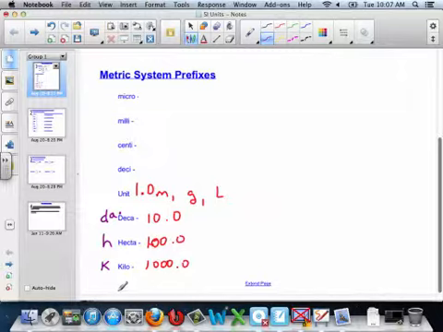So we're going to start off here with the small one, the unit. Anytime we're going from small to big, you might want to write this down, from small values to big values, what direction do we move that decimal? To the right. Anytime we go from small to big, we move it to the right.